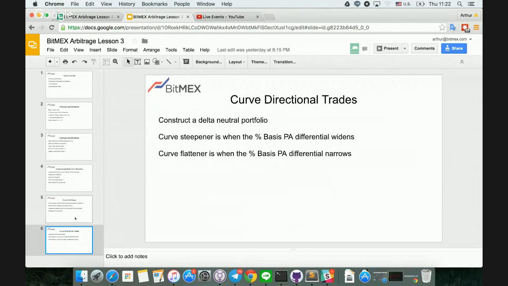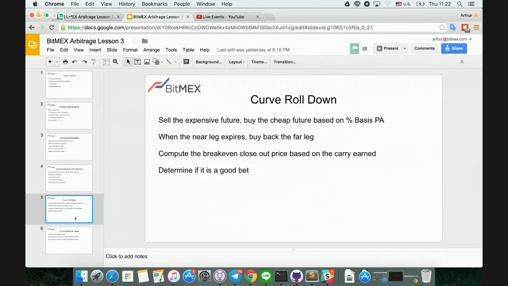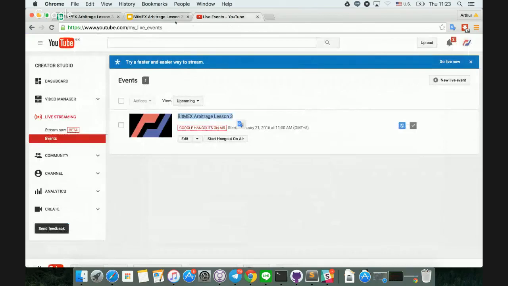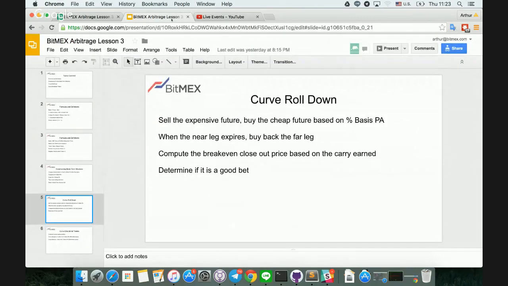Now, probably the easiest way to get started using these trades is to do a curve roll down strategy, i.e. looking at the current term structure of BitMEX futures contracts, where you have the longer dated trading at much higher prices than the shorter dated contracts.